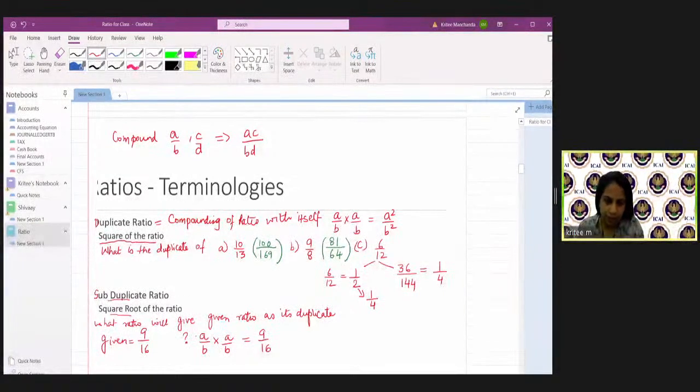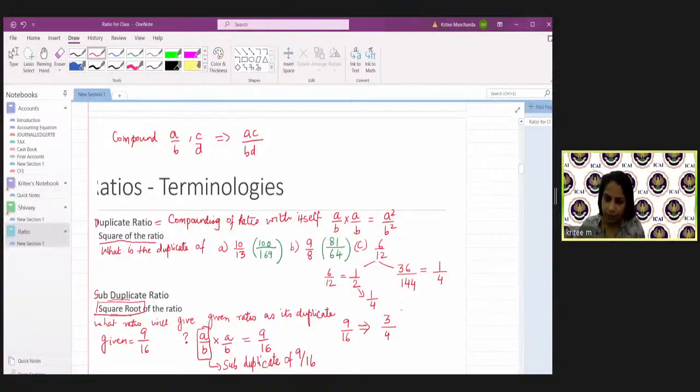By answering this question, you will be answering what is the subduplicate of 9 by 16. So again, in simple terms, subduplicate means square root of the ratio. So subduplicate of 9 by 16 is square root of 9 is 3, 16 square root is 4. I hope this is answering.